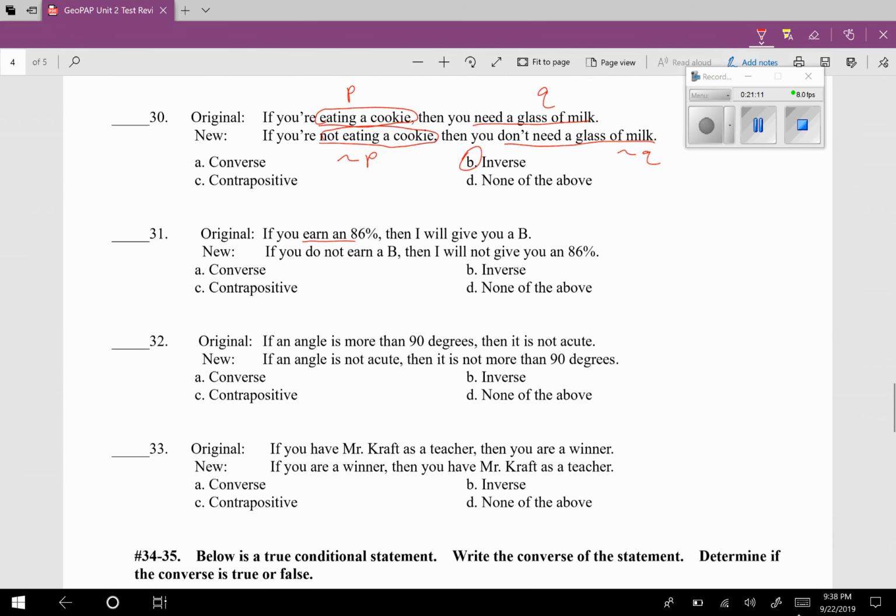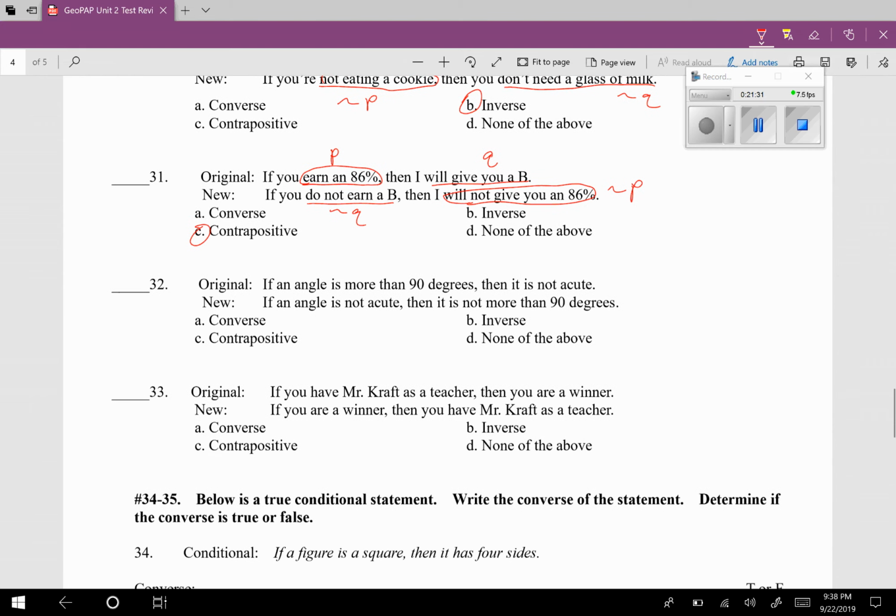If you earn an 86%, then I will give you a B. If you do not earn a B, so that's not Q, then I will not give you an 86. That's not P. So negated and switched, it's going to be contrapositive. If an angle is more than 90, so more than 90 is our hypothesis, then it is not acute.